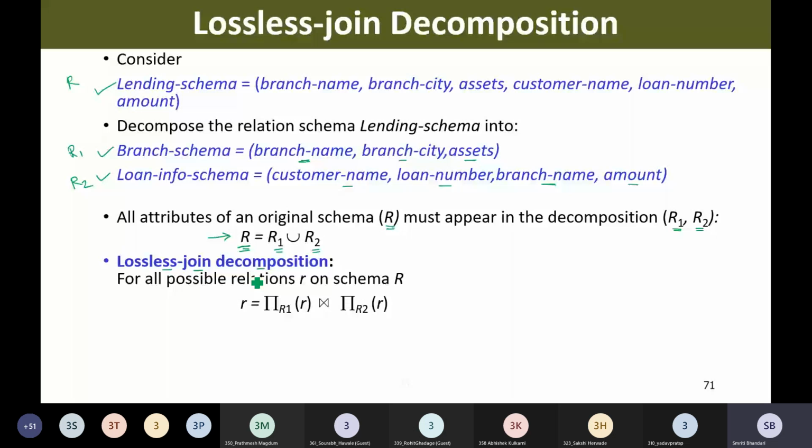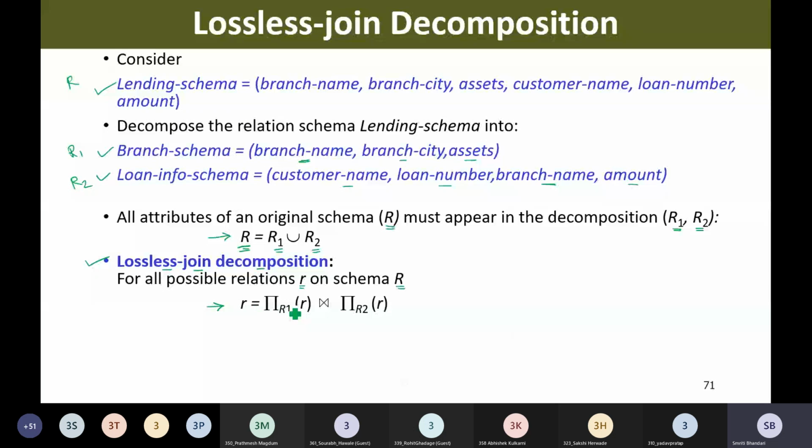So, what do we mean by lossless join decomposition? See here, for all possible relations small r on schema capital R, this expression must be satisfied. So what does this relation say? R is being decomposed into R1 and R2.